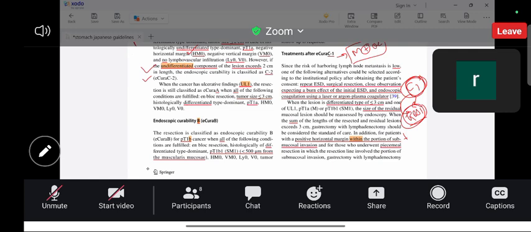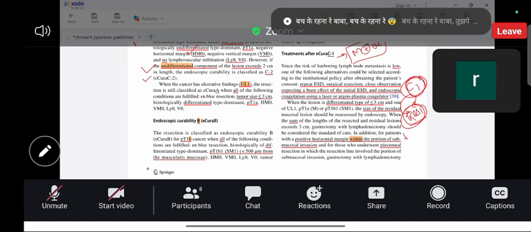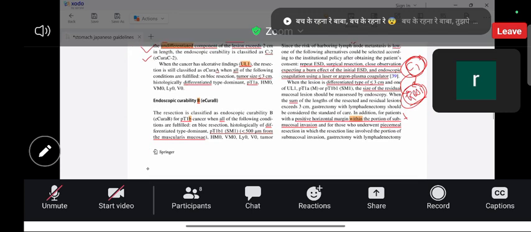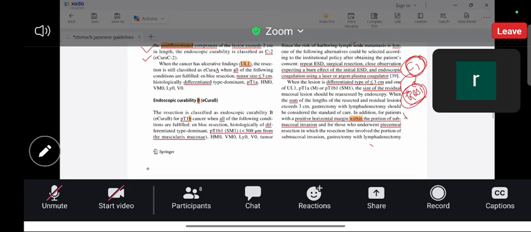In addition, for patients with a positive horizontal margin within the portion of submucosal invasion, who underwent piecemeal resection and have submucosal invasion, we will do gastrectomy. So for every C2, we have to do gastrectomy.